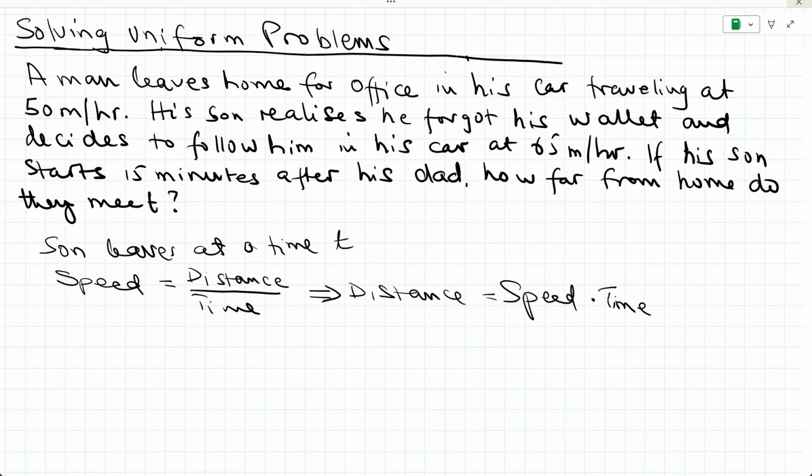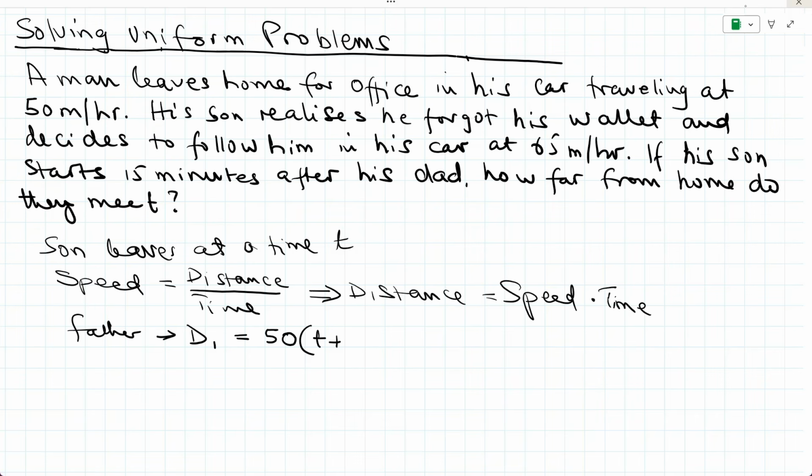So in this case, we know that for the father, the distance he will have traveled, d1, will equal 50 multiplied by the time, which will be t, plus 15 minutes.